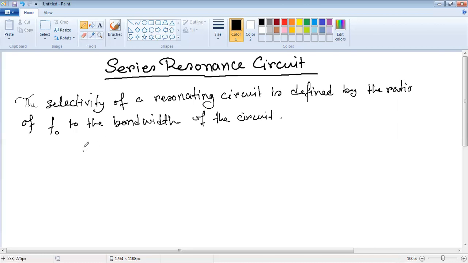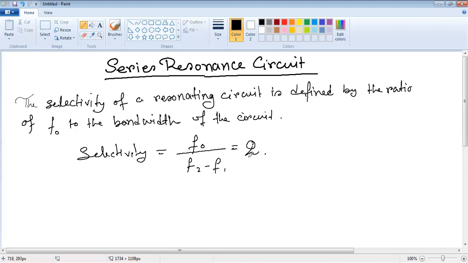Okay, so selectivity is F0 by F2 minus F1. This is the bandwidth. So this is actually the Q factor.